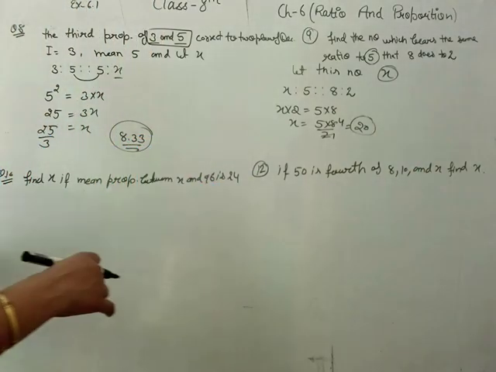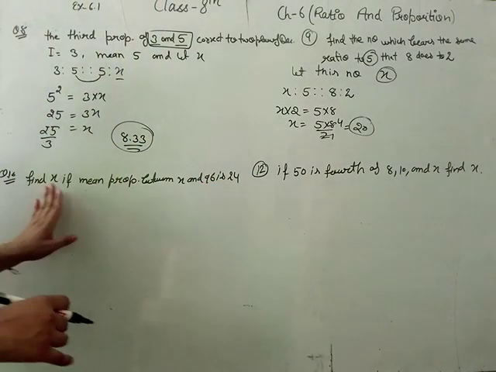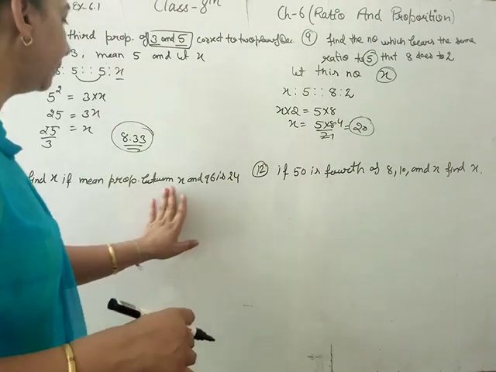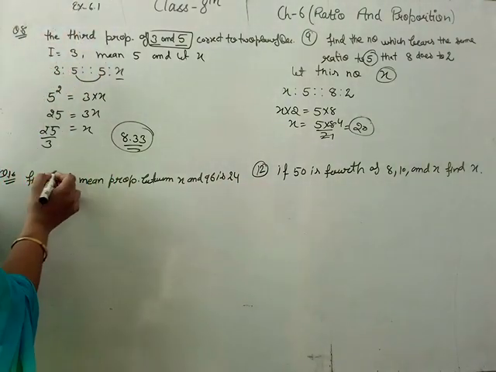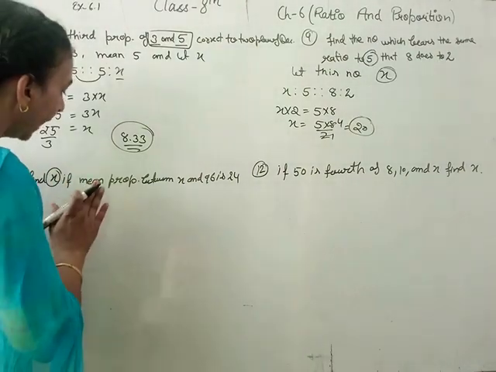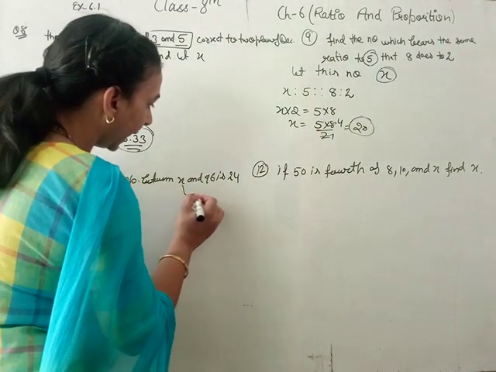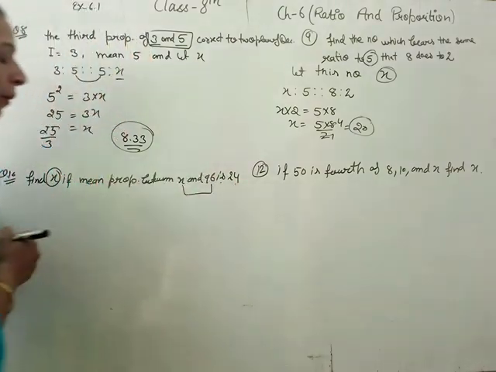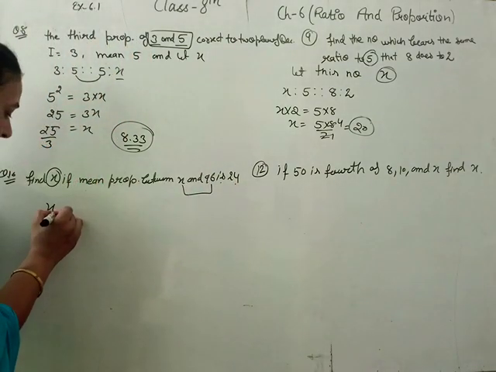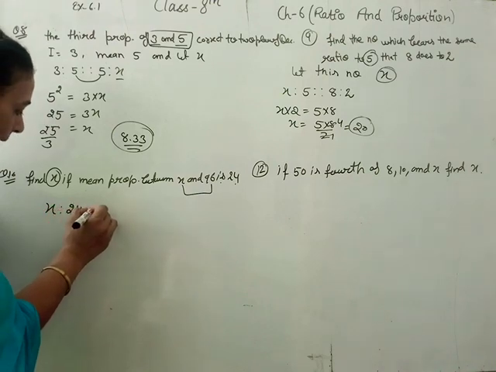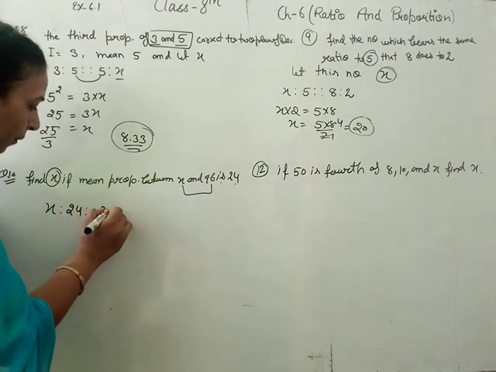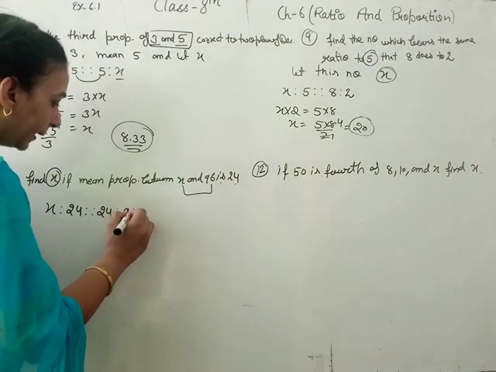Next is question number 10. Find x if the mean proportional between x and 96 is 24. Student, given, we find the value of x, and the mean proportional between x and 96 is 24. That means first is x and mean second is 24, and next 24 ratio to 96.